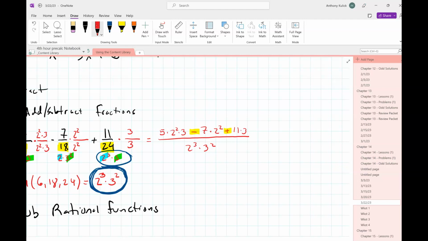So 5 times 2 squared times 3 is 60. 7 times 2 squared is 28. 11 times 3 is 33. So I end up with 65 over 8 times 9, which is 72.